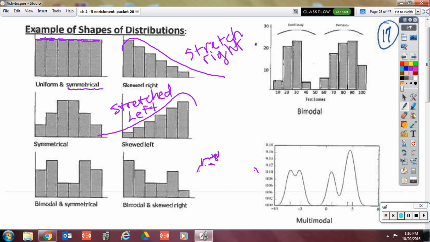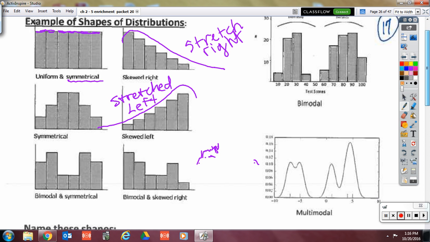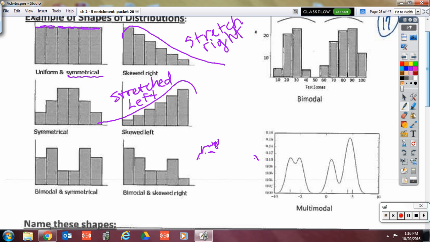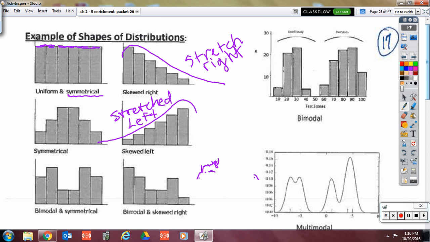Okay, this next picture is bimodal. So let's talk about this modal thing. Modes, what do modes mean? Most often. So in order for something to be the most often, it is the highest bar, because you have the most items in that bar. So most often is going to be your mode.